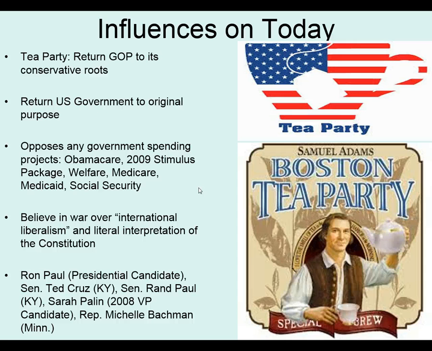The only thing that contradicts that is that these people believe in war over international liberalism. They're against government spending, but the majority of U.S. debt has been piled up, especially over the last couple years, because of wars that we fight. The Iraq War itself cost over $1 trillion, so that's controversial and counteractive to what they view as the U.S. role of government.